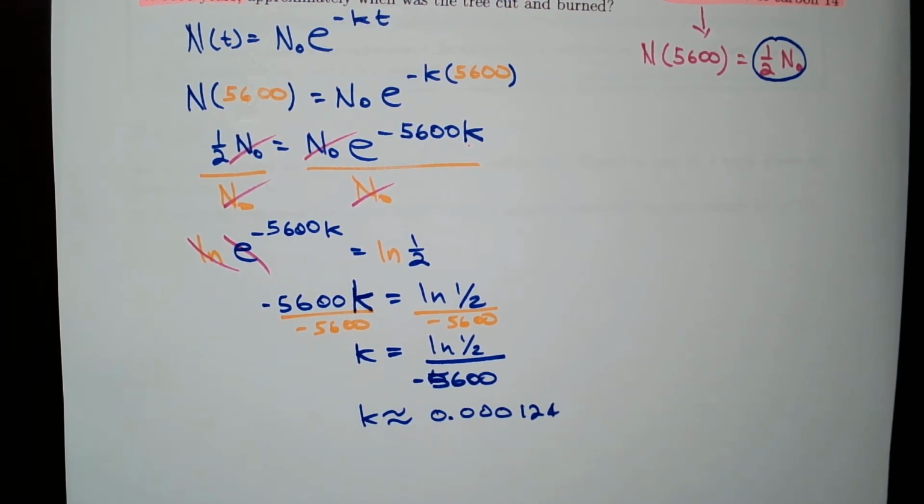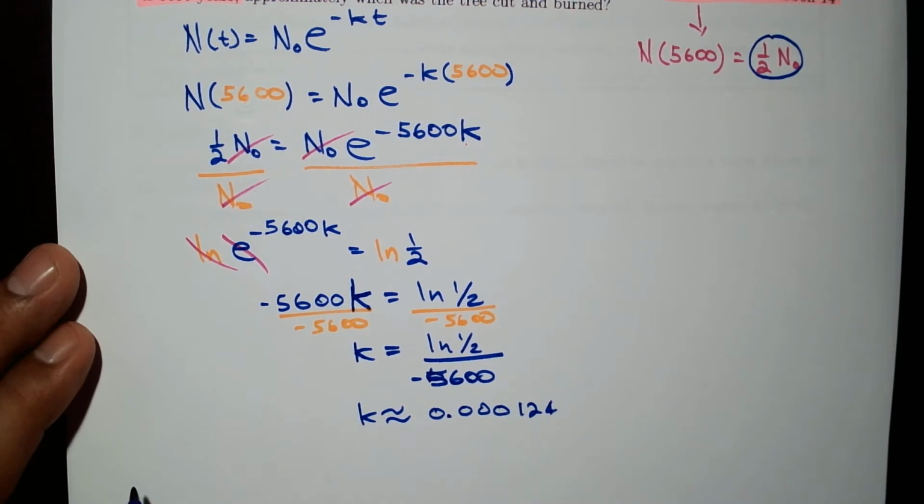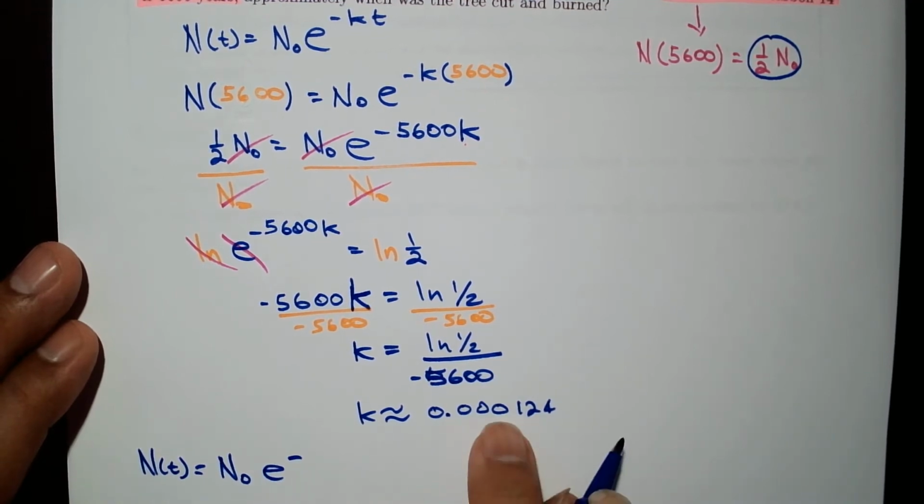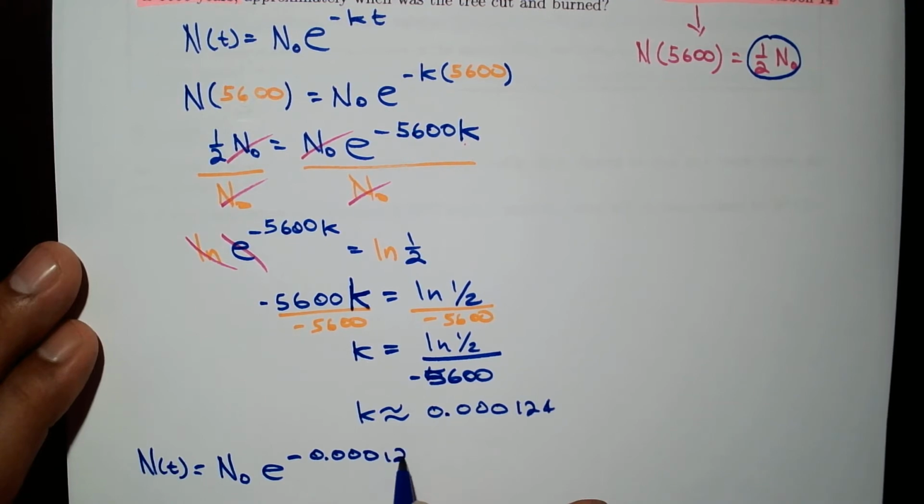All right. Now that we have N of t equals N initial e to the negative 0.000124 t.